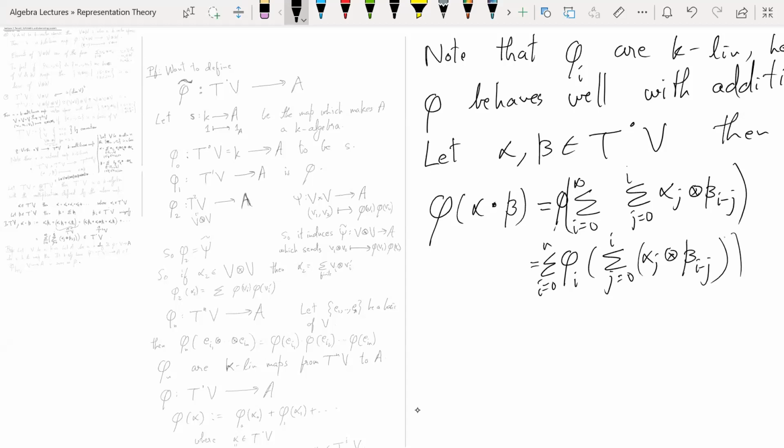Phi i is K-linear, so we can take phi i inside, and phi i of alpha j tensor beta i minus j is just you take the images and multiply.